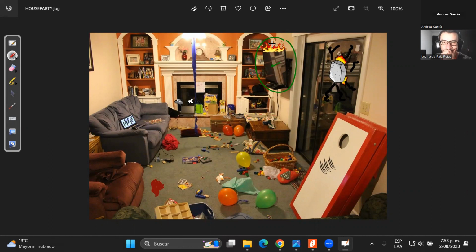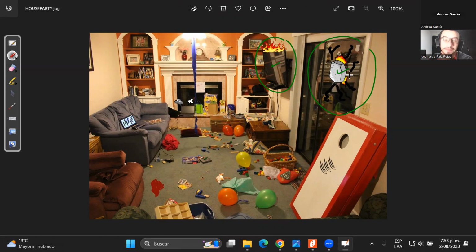The window is broken. The window is broken. Exactly. With a rock, somebody broke the window. So the window is broken. Oh, well, I can see that the window is cracked. Maybe it's not completely broken, but it's cracked, no? But yeah, okay, good.